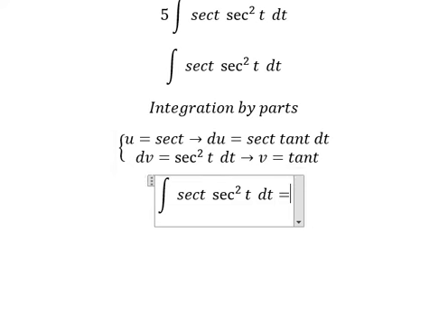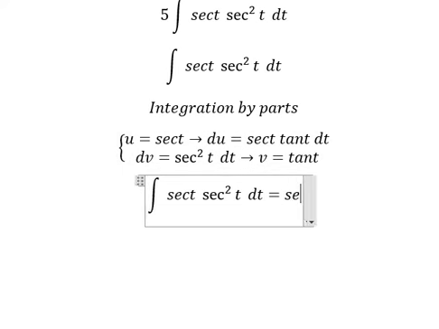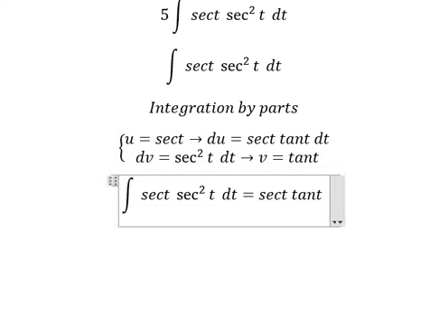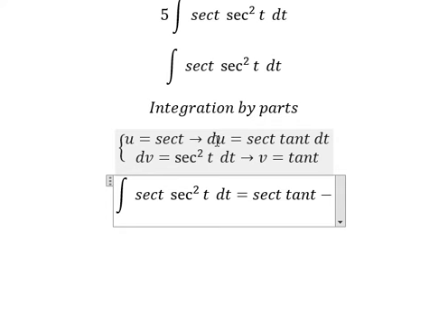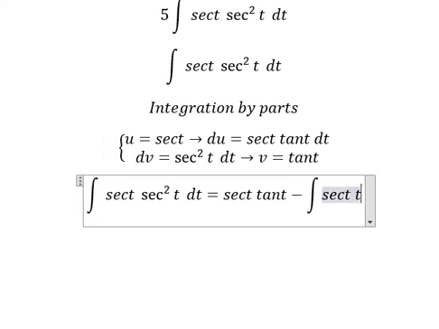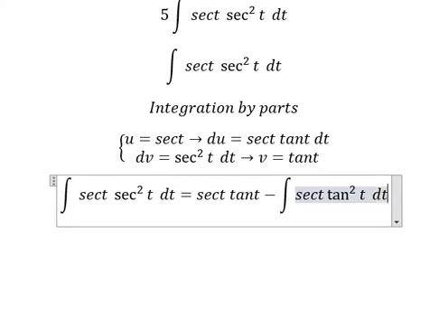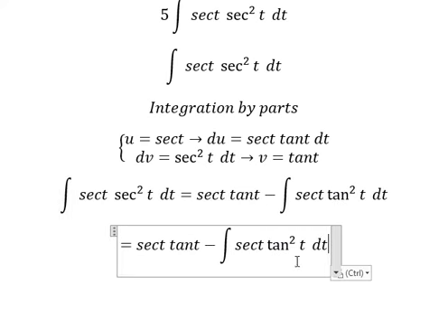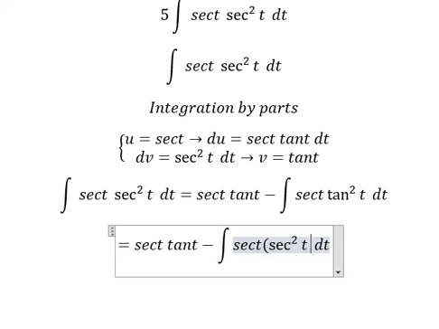So we have u multiplied by v minus the u multiplied by v. So we have the integration secant of t tan t squared dt. So tan t squared is secant of t squared minus 1.